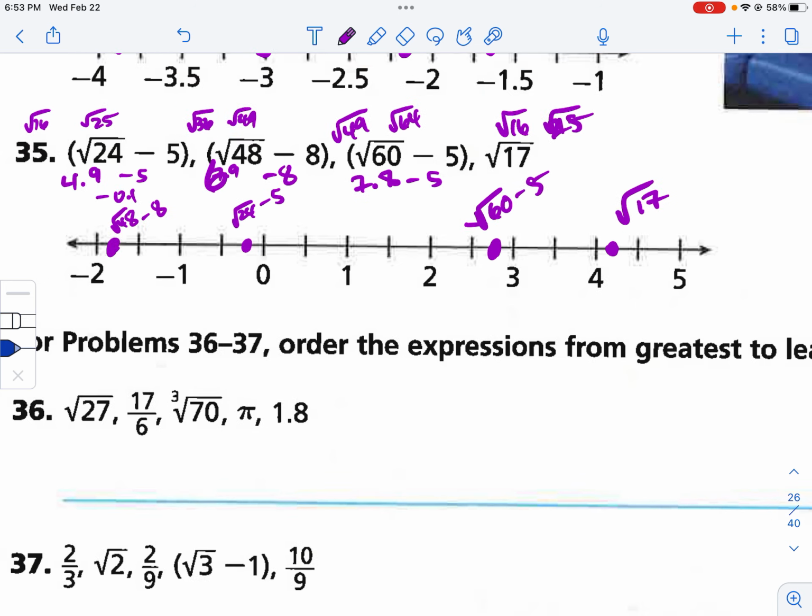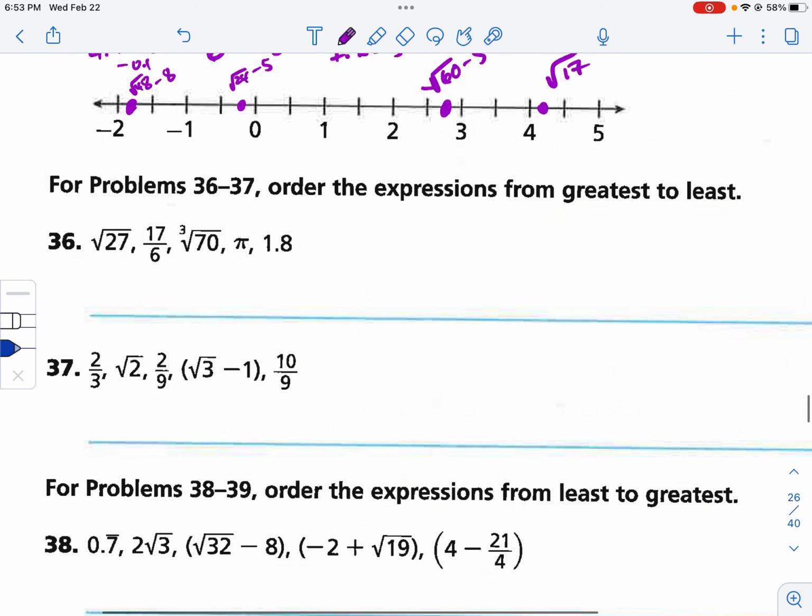There we go. Order the expression from least to greatest. Well, first of all, do we have any numbers that are negative? No, we don't. So the square root of 27 is going to be 5.2-ish. 17 over 6. 6 goes into 17, that's 2, or I should do it as a decimal, 2 and 5/6.